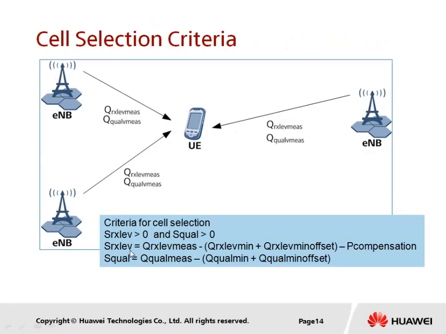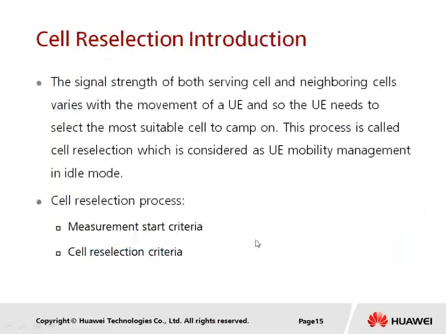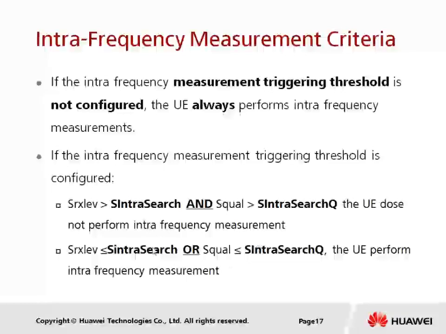SRxlev equals the measured value of the RSRP minus the minimum requirement and offset, which is usually 0, and the P compensation, which we can assume to be 0. That means the user will start measuring if the QRxlev measured minus QRxlev min is smaller than the measurement start triggering threshold.